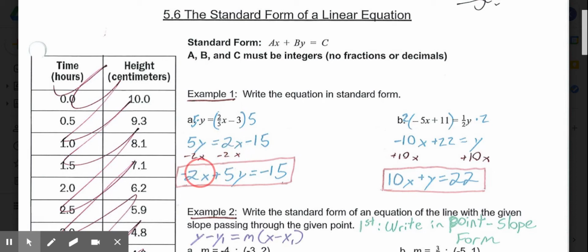So then this would become a negative 2x plus the 5y that's already there equals a negative 15 that's left on the right. And this would be our equation in standard form. Negative 2x plus 5y equals a negative 15. All whole numbers, positive or negative, no decimals or fractions.